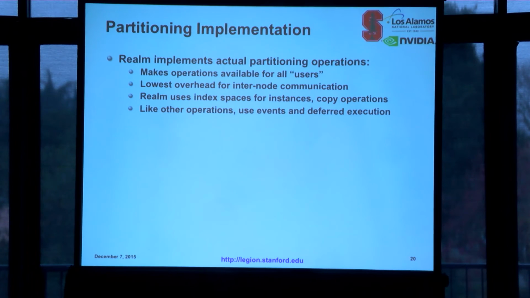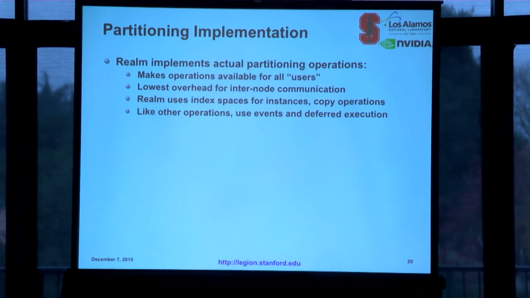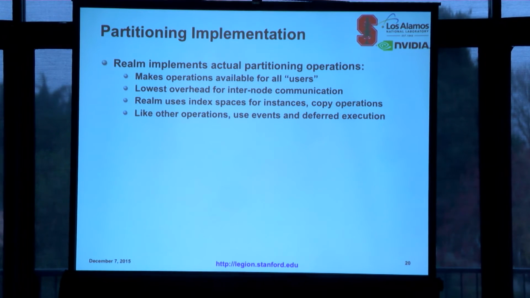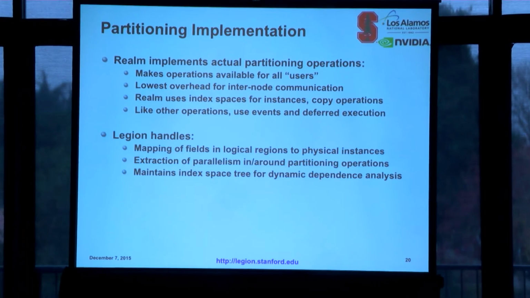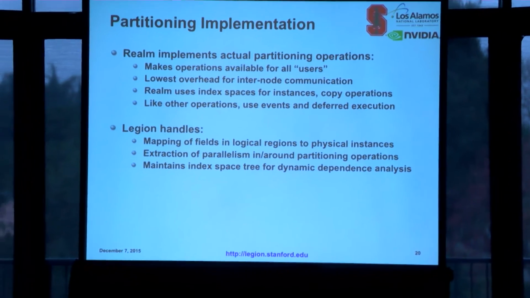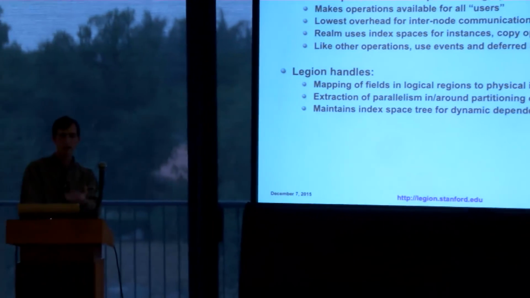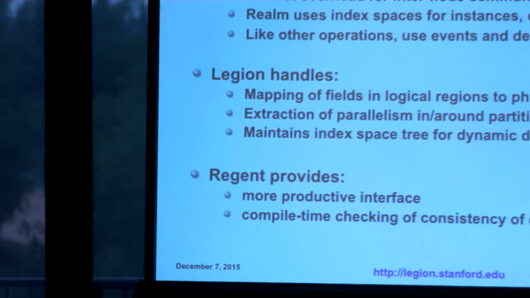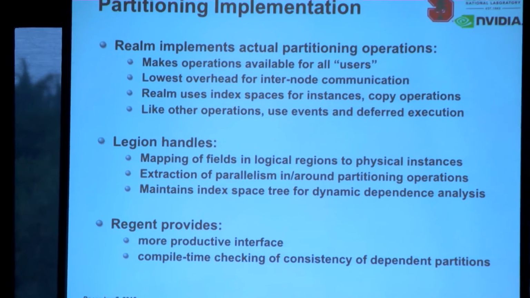We also use the index spaces internally for copy operations and building instances. But these operations use events and deferred execution like all other Realm operations, which means that Legion is able to take care of things like mapping the fields that you specified in your commands into the physical instances, extracting parallelism in and around these operations, and of course Legion needs to maintain that index space tree so it can do its dependence analysis. And then, as always, Regent is going to provide the more productive interface for this and also do the compile-time checking for the consistency of these partitions.